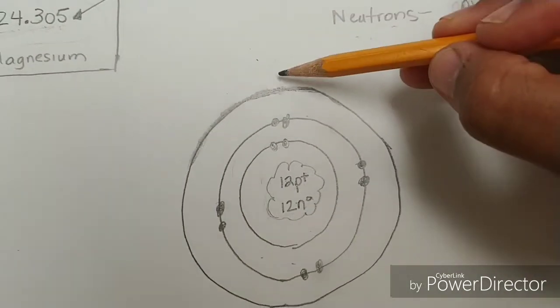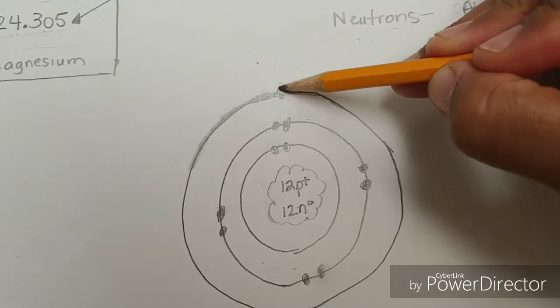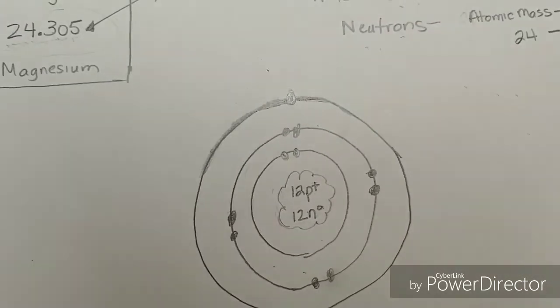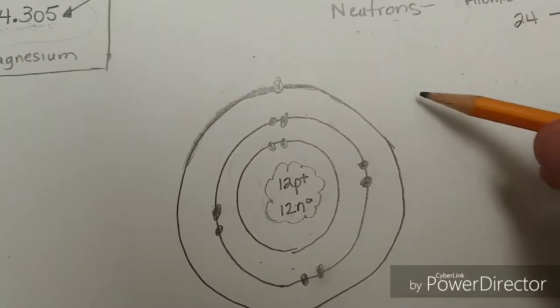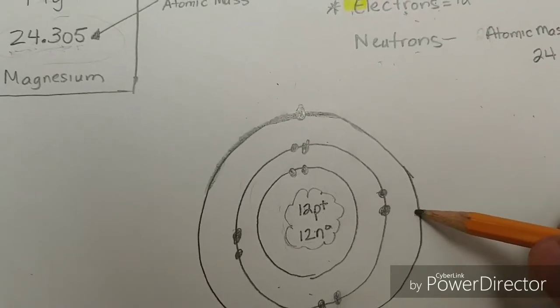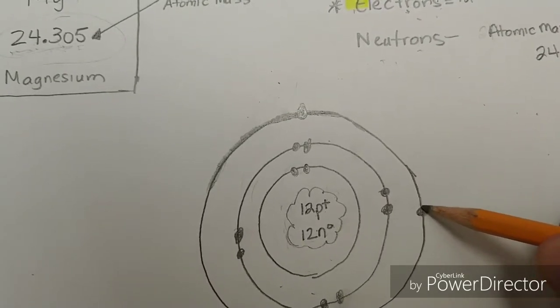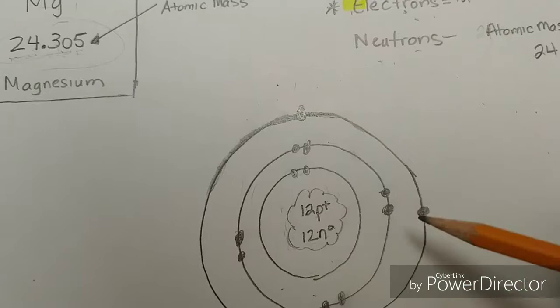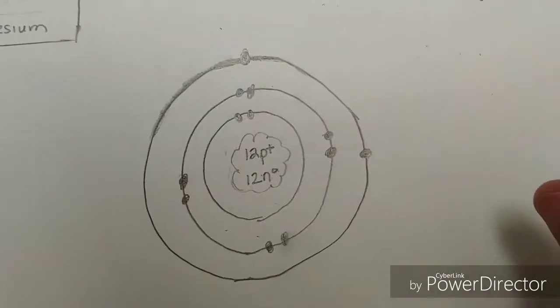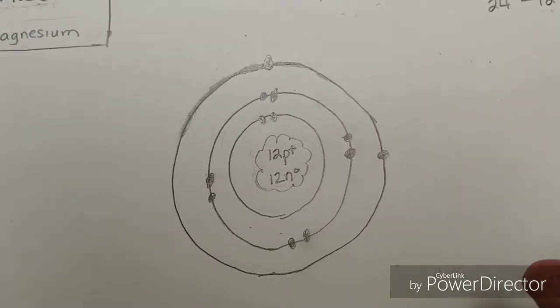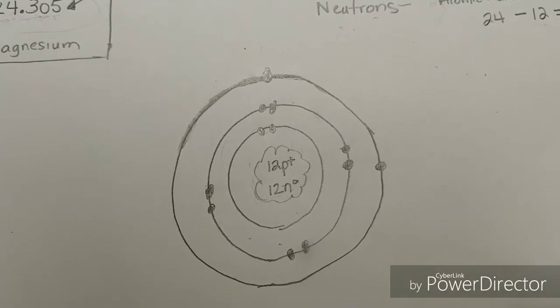Starting from the top, that's your 11th electron, and then we put the 12th electron here. And no, we're not going to put them in pairs, and you're going to see why, because now I'm going to show you how to draw a Lewis electron dot structure.